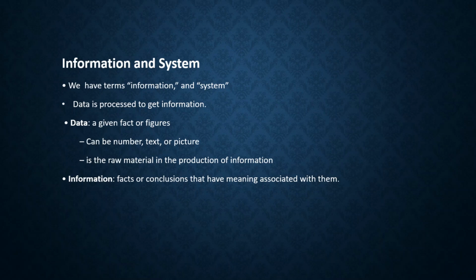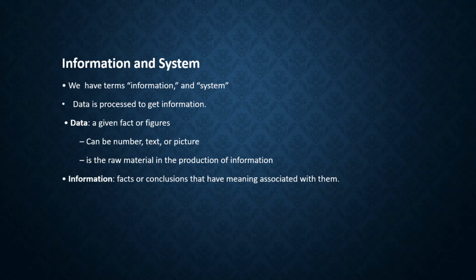If you process the data, then proper information will be available. That means data acts as a raw material in the production of information. So the quality of information depends on the quality of data.